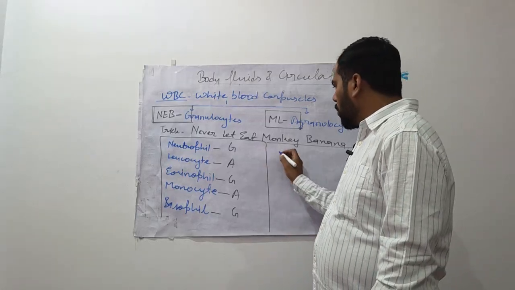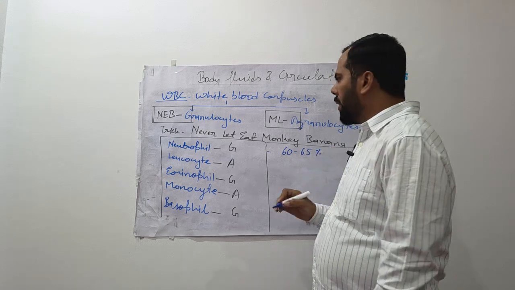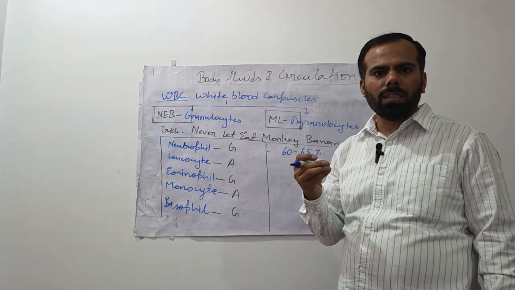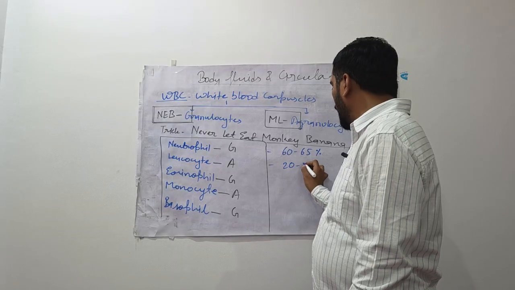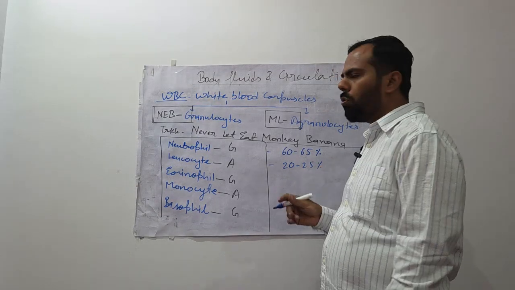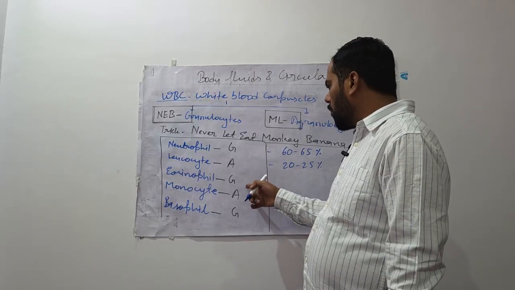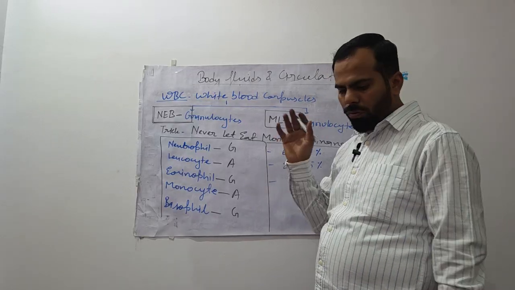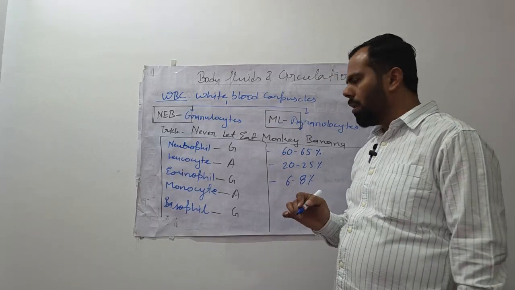The most part of WBC is made up of neutrophil, that is 60 to 65%. Leukocyte forms 20 to 25% of WBC. Eosinophil forms 6 to 8% of WBC.